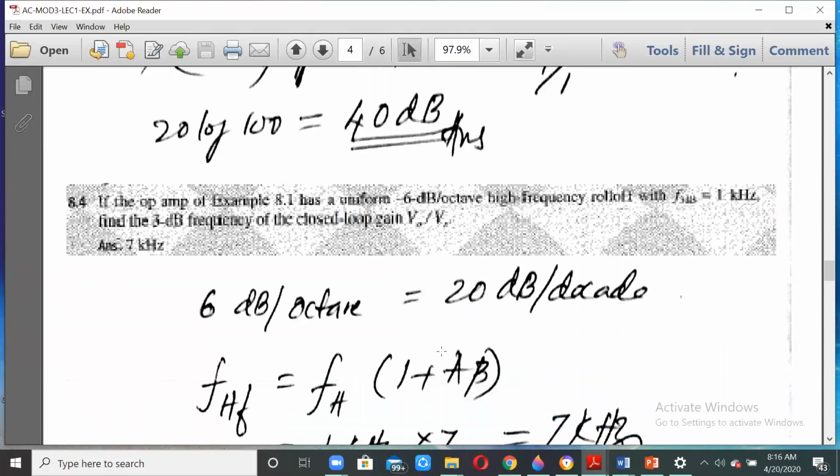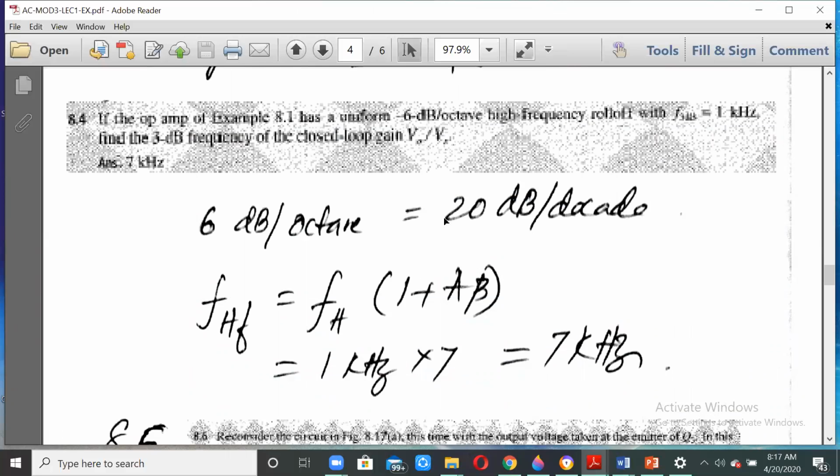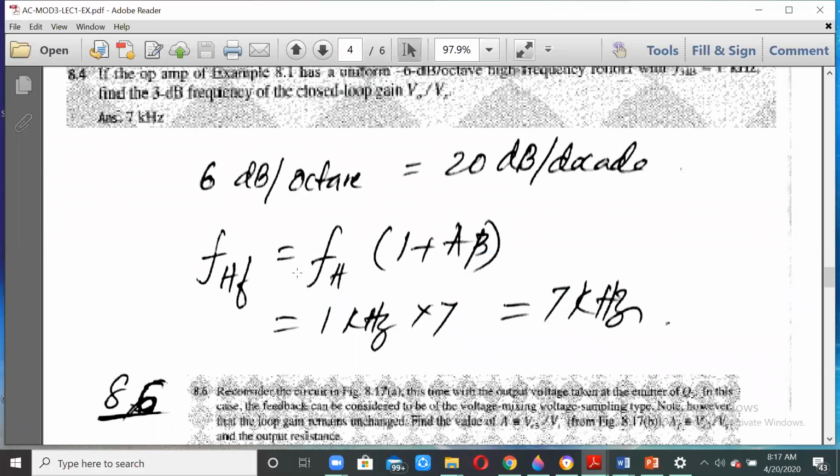The fourth problem is, if the op-amp of the example 8.1 has a uniform minus 6 dB per octave, again minus 20 dB per decade, high frequency roll-off with an f3dB equal to 1 kilohertz, find the 3 dB frequency of the closed loop gain V0 by Vs. So 6 dB per octave is 20 dB per decade.